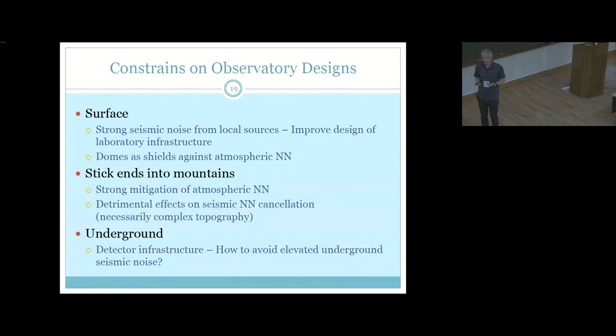If that is true, then obviously you wouldn't go underground anymore, or you would be working very hard on solving this infrastructure problem with seismic sources brought in by building the detector. So that's something that we haven't really investigated yet quantitatively. But I think Kagra will already give us some idea how much they elevate seismic noise underground with their infrastructure.